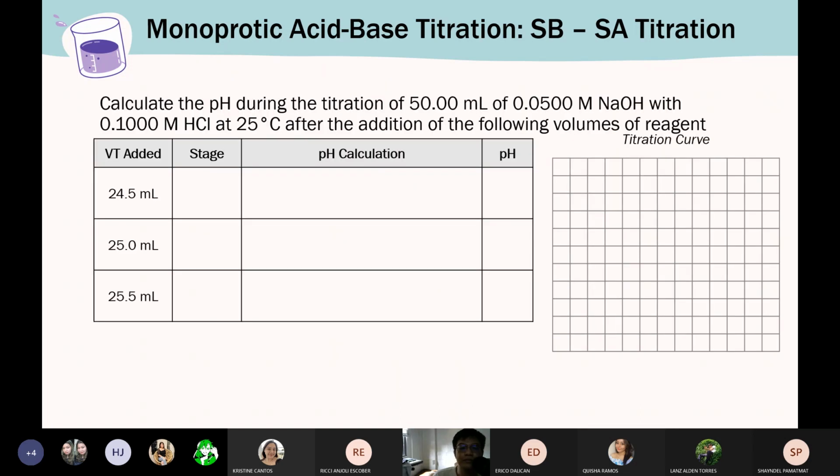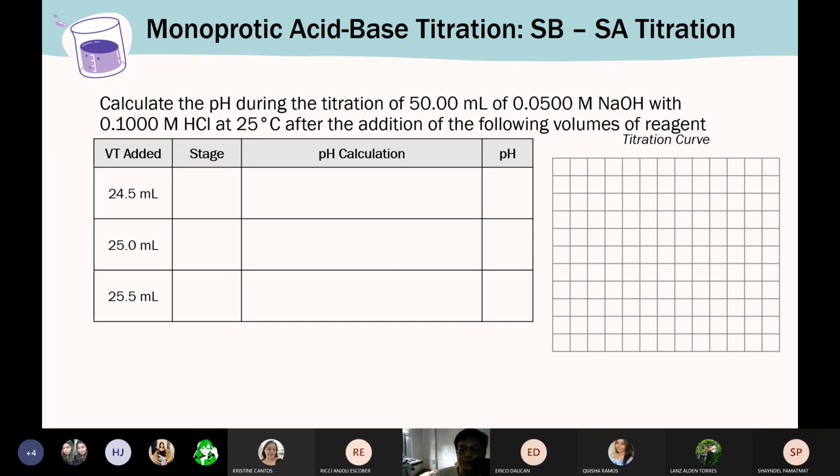Okay, so, try natin to. Calculate the pH during the titration of 50 mL of 0.05 molar sodium hydroxide with 0.1 molar HCl at 25 degrees Celsius after the addition of the following volumes of reagent.